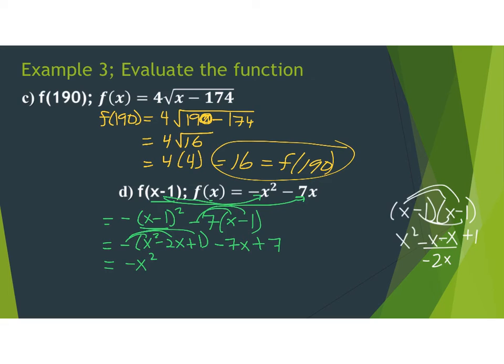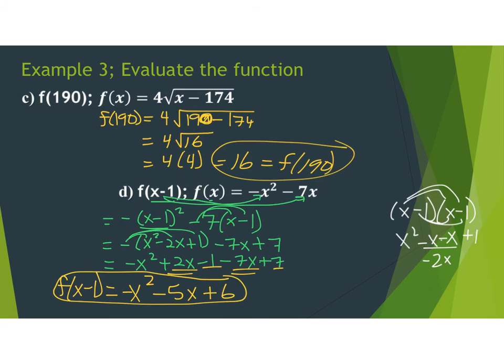Negative x squared plus 2x minus 1 minus 7x plus 7. And then combine your like terms, the 7 and the negative 1, the 2x and the negative 7x. So f of x minus 1 is equal to negative x squared minus 5x plus 6. Make sure it is simplified all the way.